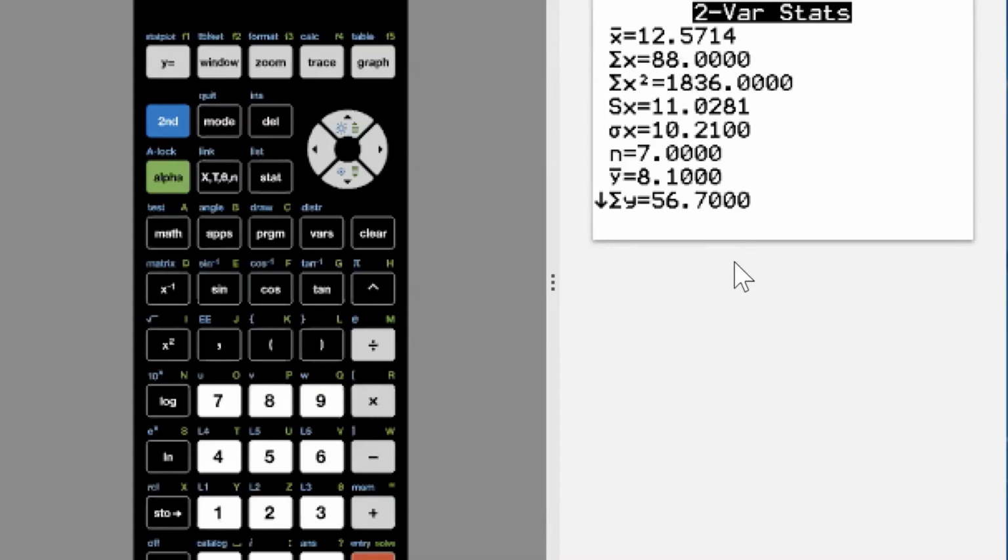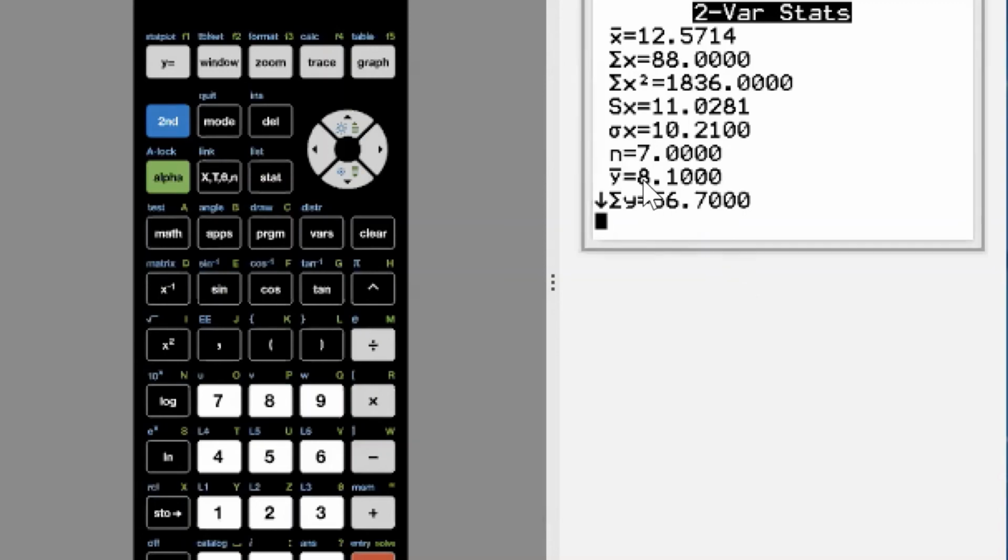You should get this information. Let's copy it together. Look at that screen and tell me the value of n. n equals 7. Then what is the sum of x?